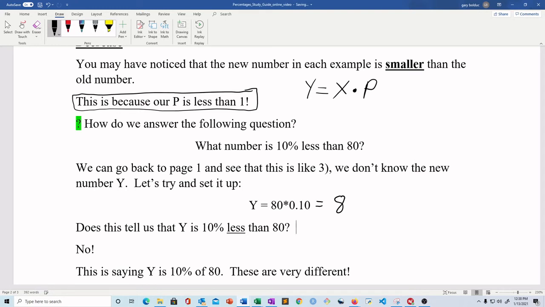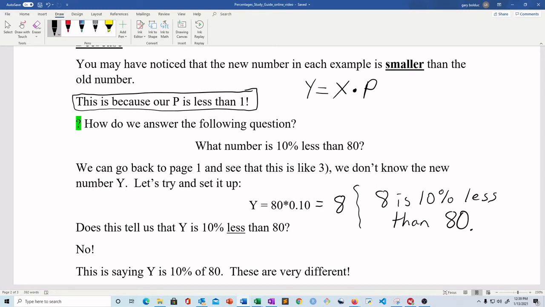If you think this works, let's stop and think. What we're saying is that 8 is 10% less than 80. That's what you're saying if you think that equation is right. So let's think about that. 10%, that's pretty small. I want to take 10% away from 80.